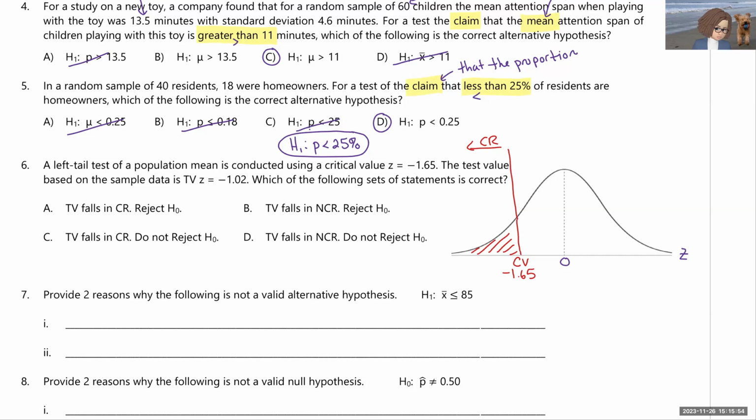And then they give me a test value of negative 1.02. So that would be not in the critical region. So my test value is not in the critical region. And when you're not in the critical region, you do not reject the null hypothesis.